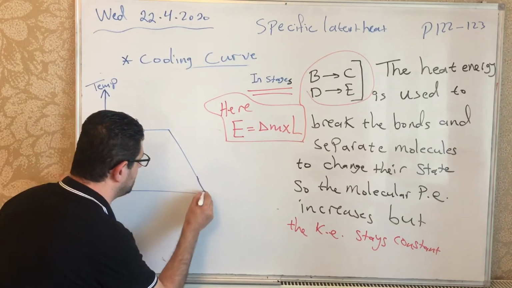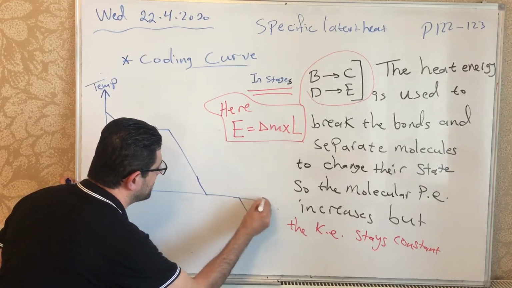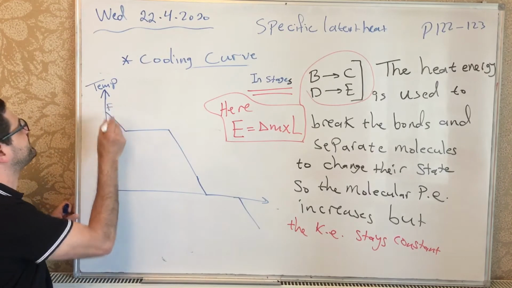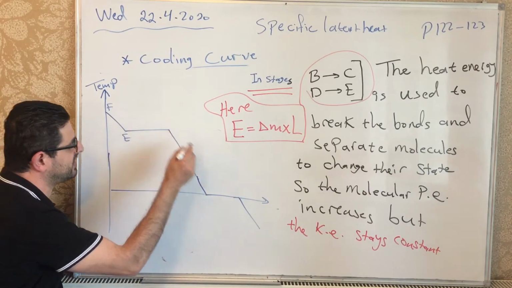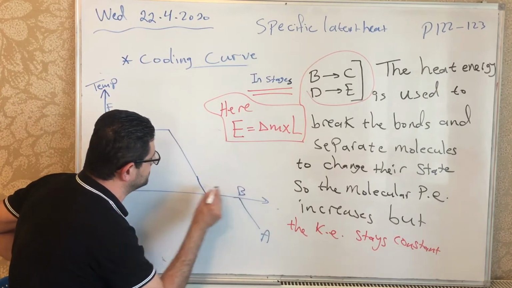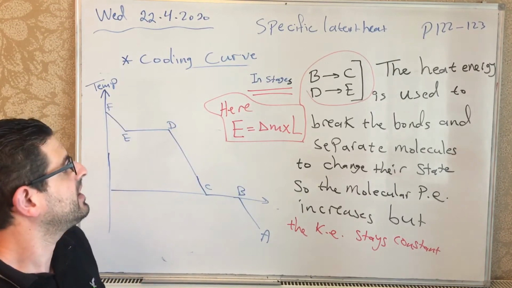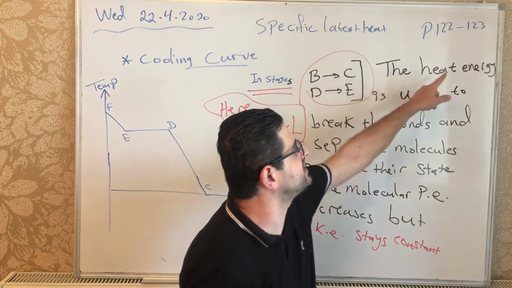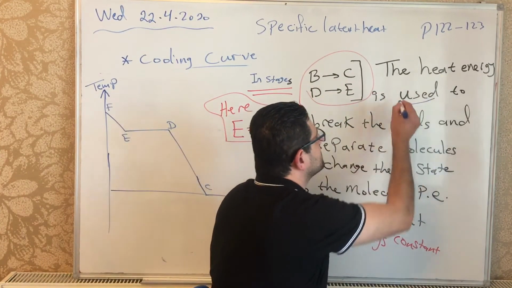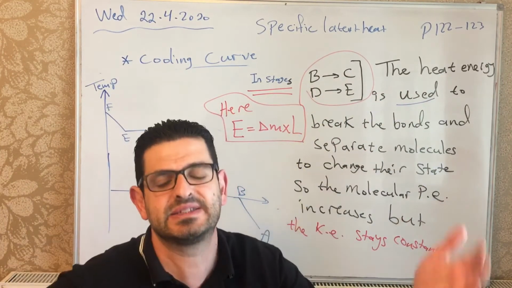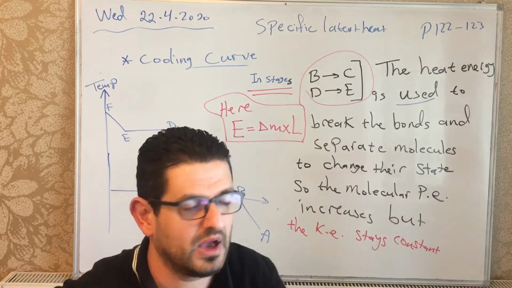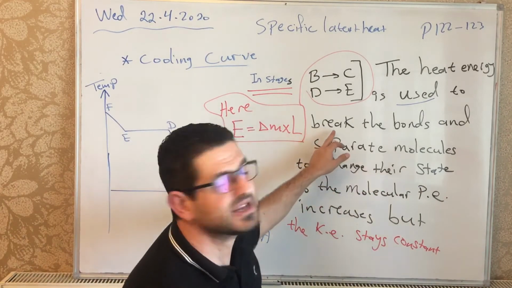Regardless of where the zero is, we do it like this. Okay. So this is point F, this is point E, or we can say A, B, C, D, E, F. Same idea. But instead of saying the heat energy is used, here it's released. It's not used. Before, it was breaking bonds.